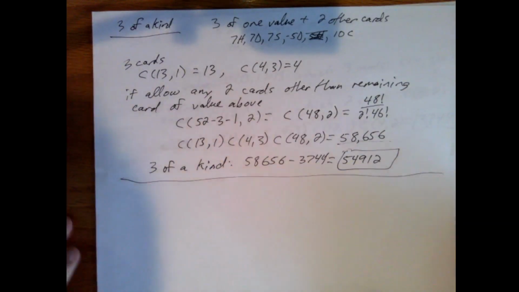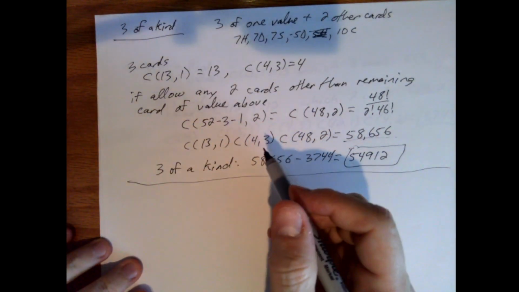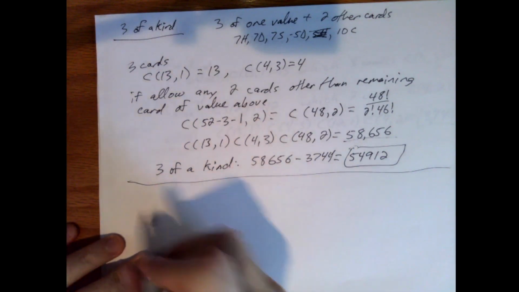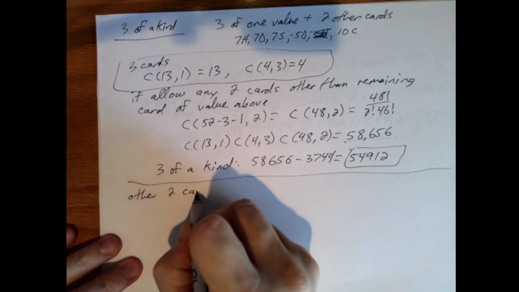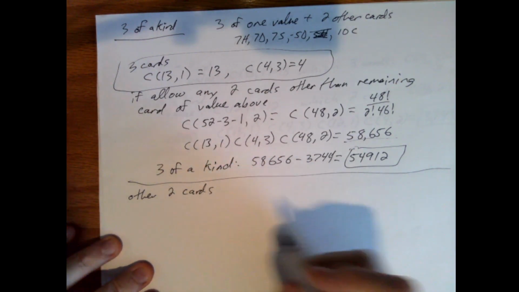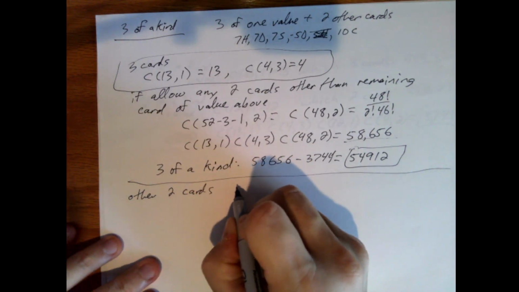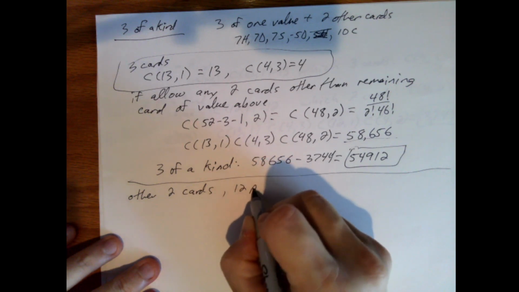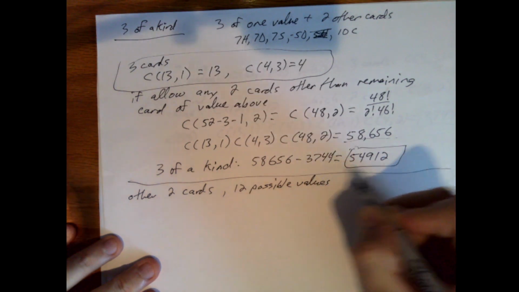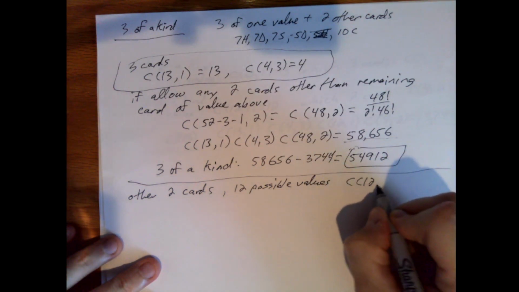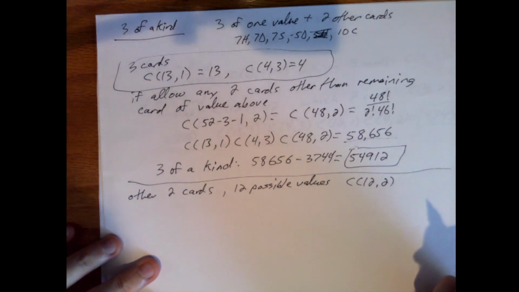If you look it up online, they're going to do it this way, typically. They'll say, okay, for the other 2 cards, this top part is still the same. So for the other 2 cards, we have 12 possible values. And so that's C of 12, 2, right?